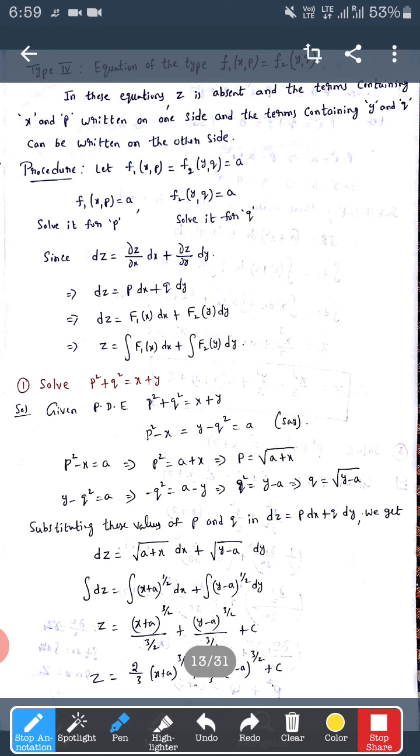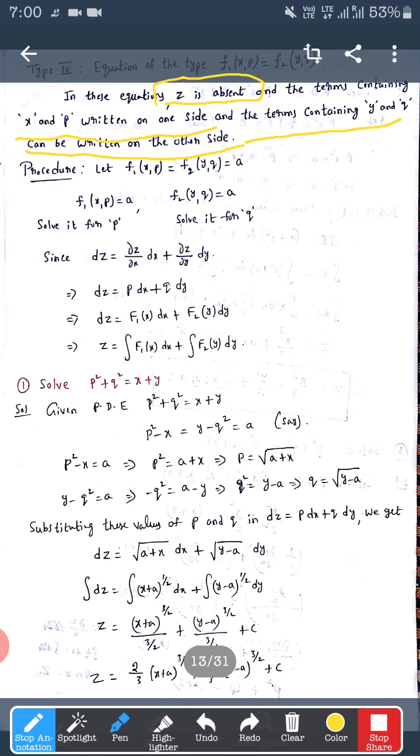So the procedure for solving this type of equations is, in this type of equations, z is absent. That is the most important thing we have to remember. That means z is absent, and the terms containing x and p are written on one side, and the terms containing y and q on the other side.